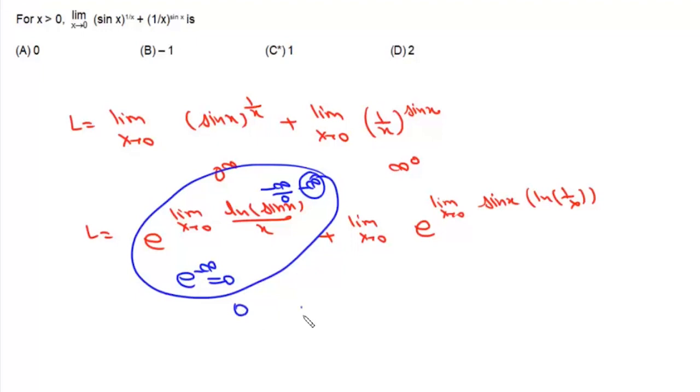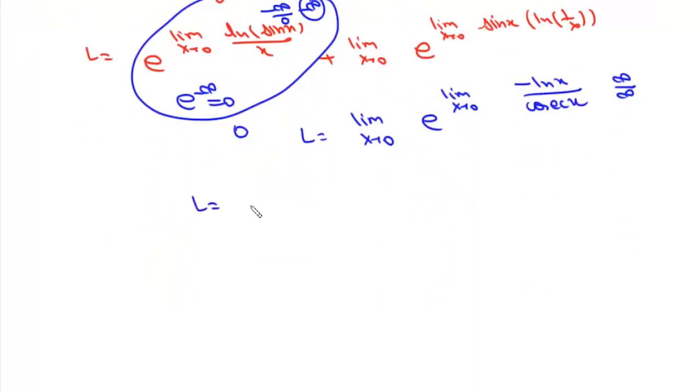That means L is simply the second limit, which is limit x tends to 0 of e to the power limit x tends to 0. We'll write this as minus log x upon cosec x, which is infinity upon infinity form.